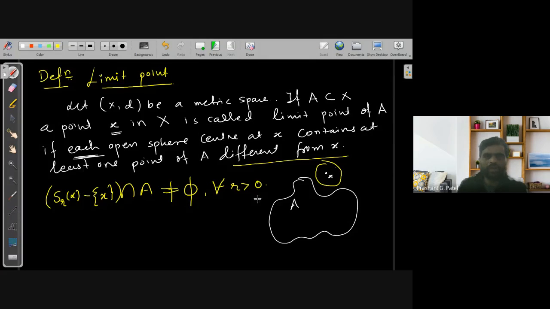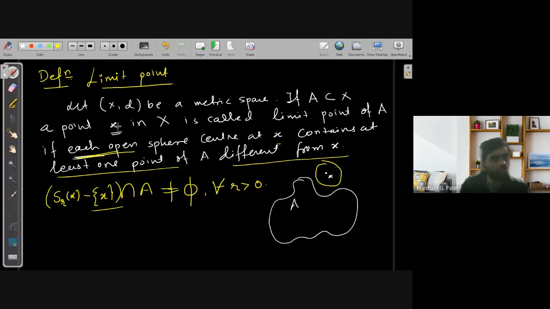Because it says that for each and every open sphere centered at X contains at least one point of A different from X. So this intersection is non-empty, and that's why I subtract X from this. So this is the definition of a limit point.